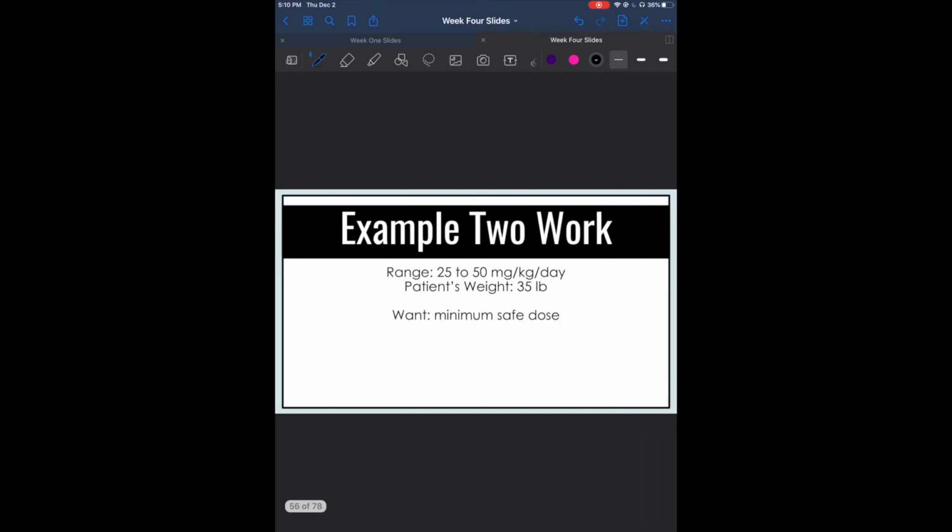So first we're going to figure out our minimum safe dose. Weight goes first. Our weight isn't in kilograms, so we need to add in our conversion column.